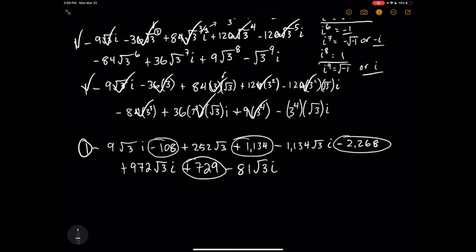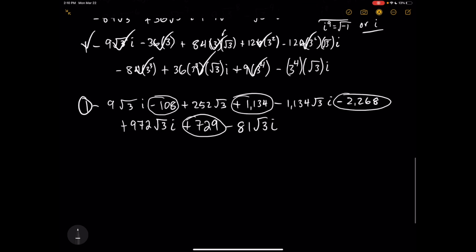Add those all together. 1 minus 108 plus 1134 minus 2268 plus 729. That should equal negative 512. All right. Hopefully that's an option on your answers.